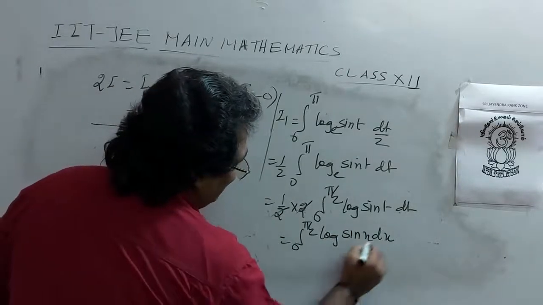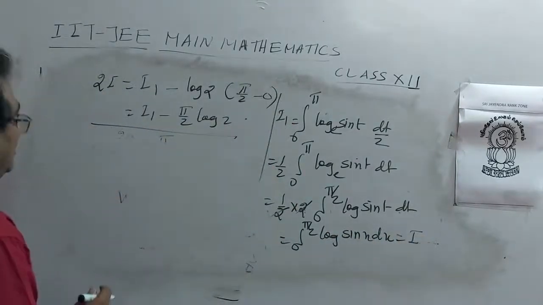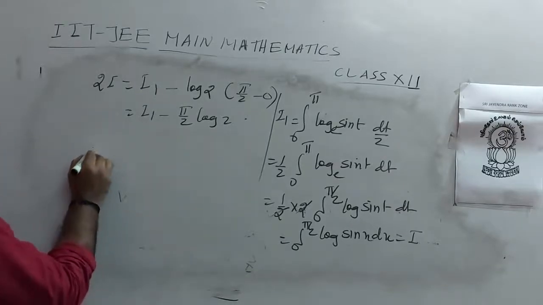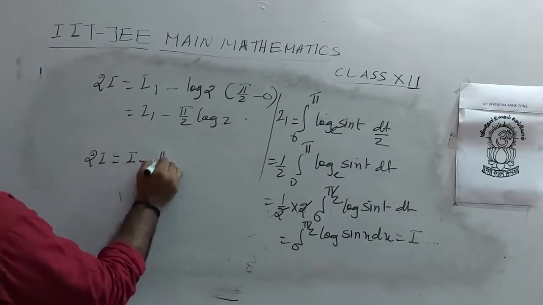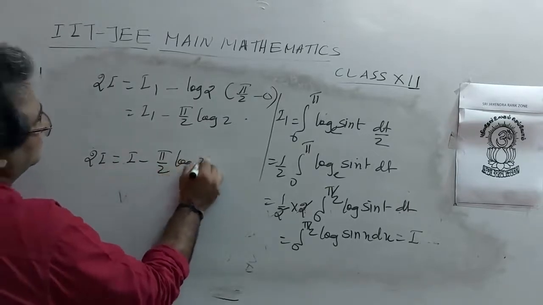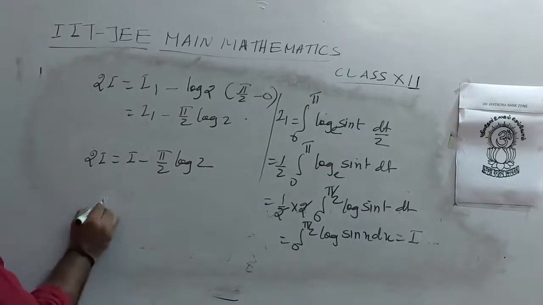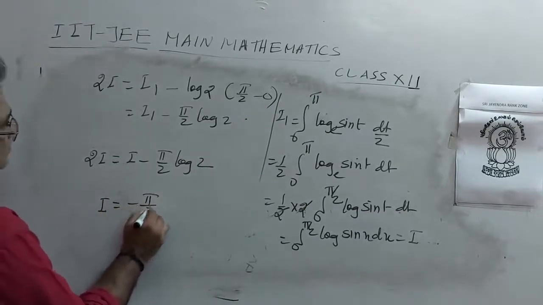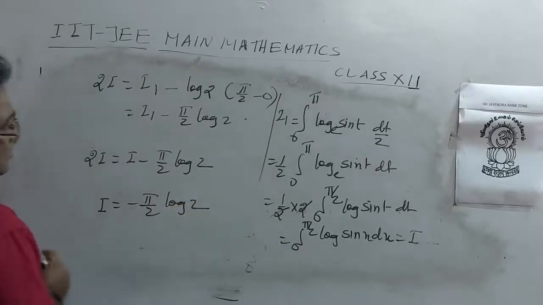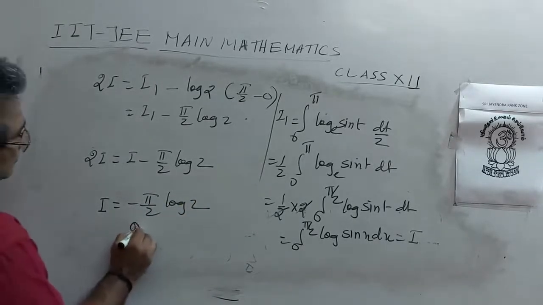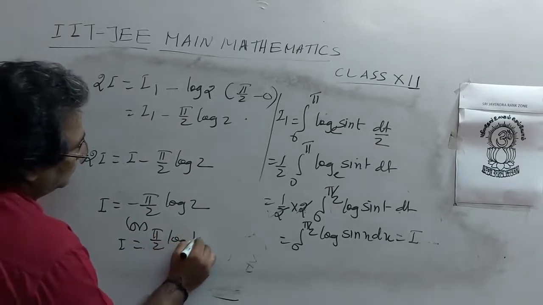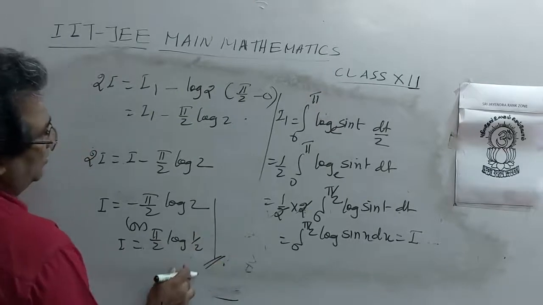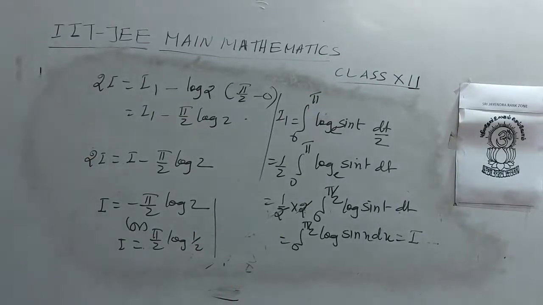The variables can be changed, that is equal to I. Therefore I equals, in place of I1 you can write I minus pi by 2 log 2, so I equals minus pi by 2 log 2, or I equals pi by 2 log 1 by 2. You have to remember it, and you should know how to bring the answer at the same time. You can remember it as a result.